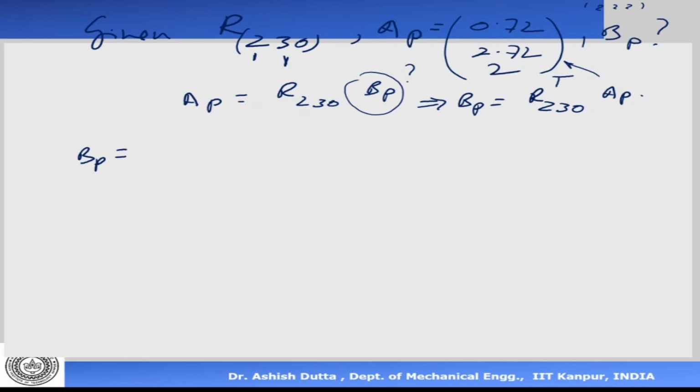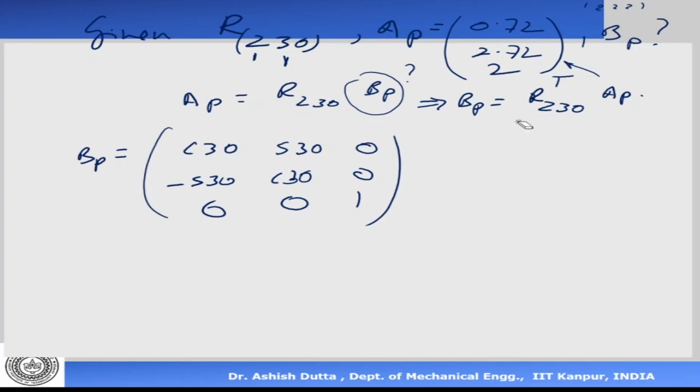So we get the transpose of the matrix [cos 30, minus sin 30, 0; sin 30, cos 30, 0; 0, 0, 1]. Inverse is equal to transpose, and AP has been given as 0.72, 2.72 and 2.